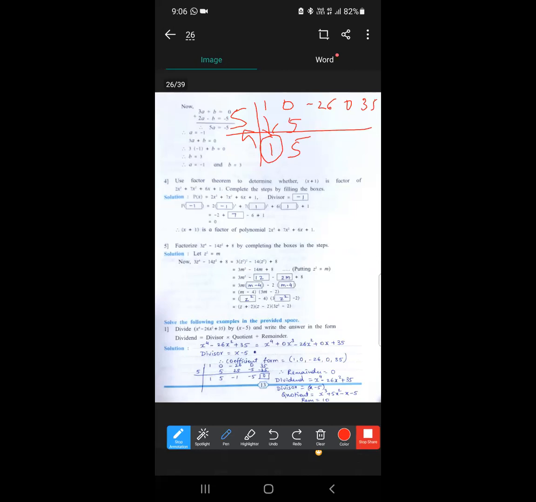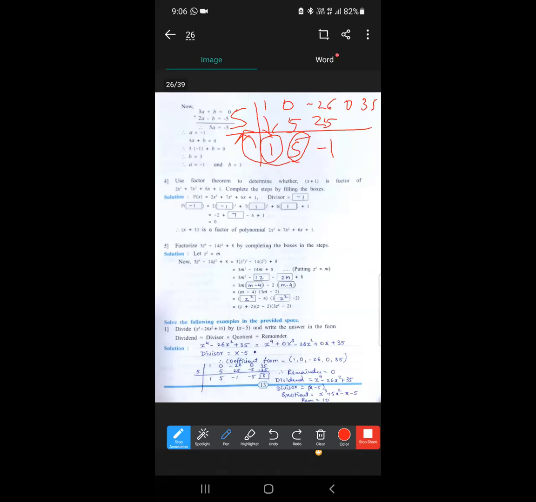Then again this term, whatever we have got, you will multiply it with the divisor, that is 5 fives are 25. Then minus 26 plus 25, it will be minus 1, because 26 is the bigger number and the sign of the 26 is negative. So it will be minus 1.